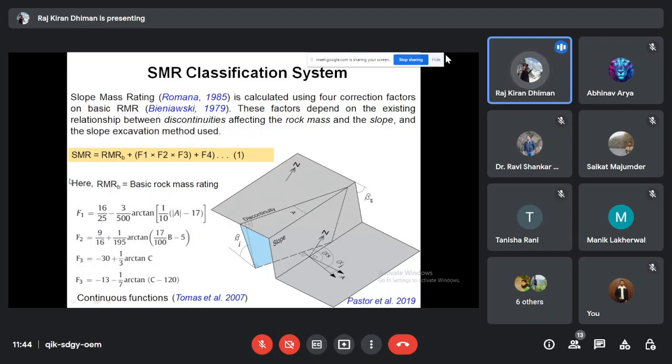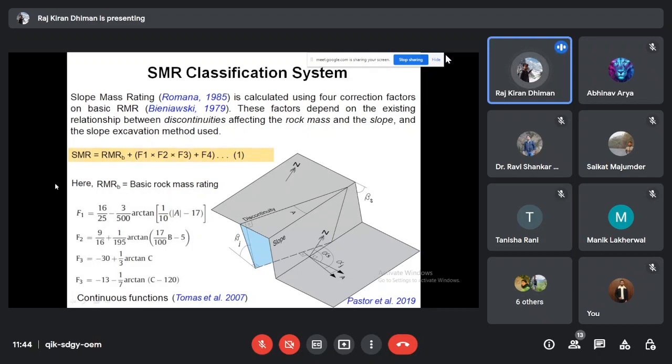If we neglect the sixth parameter of RMR, that is joint orientation, and only consider the earlier five parameters, that is called basic rock mass rating. So in basic rock mass rating, we add this F1, F2, F3, and F4. These four factors are added to RMR, and then we get a value of SMR out of 0 and 100.